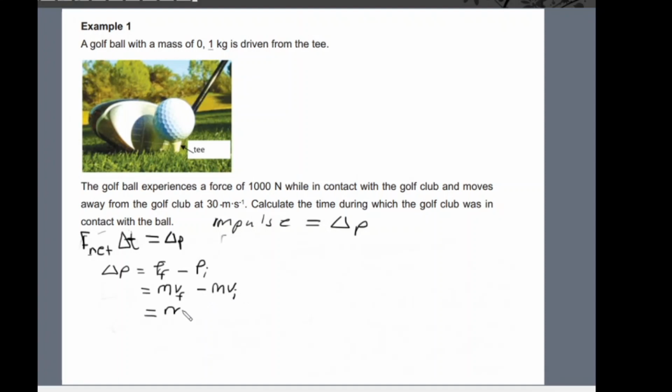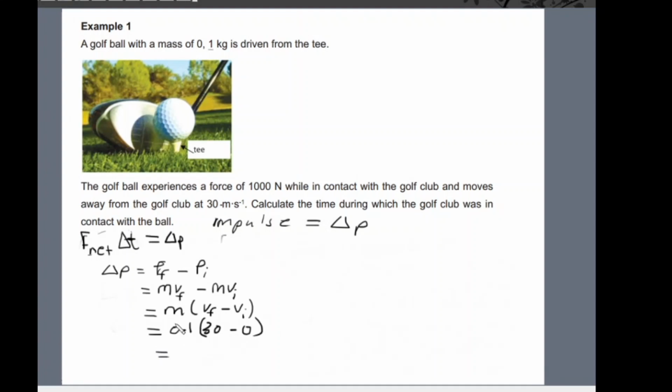Then we can factorize the mass and calculate change in velocity. The mass of the object is 0.1 kg. Final velocity is 30 meters per second. Initial velocity is 0 because initially the ball is stationary.